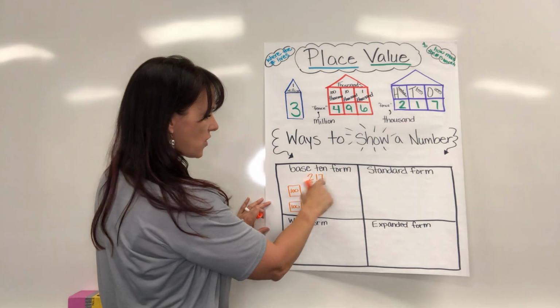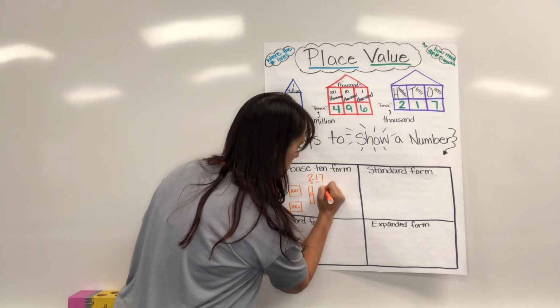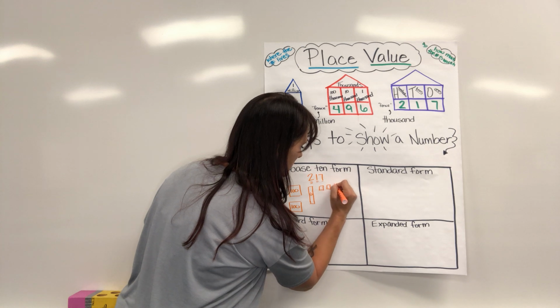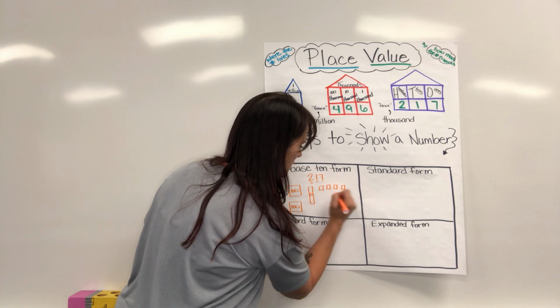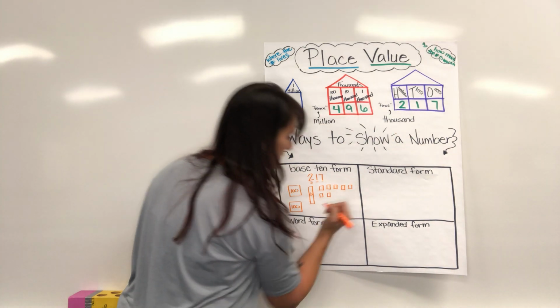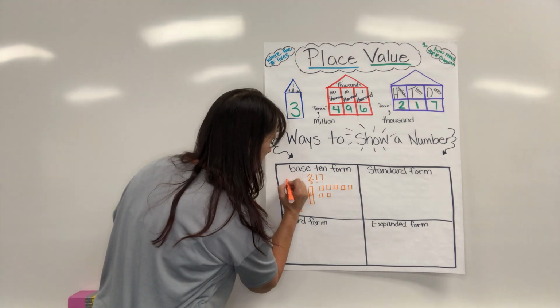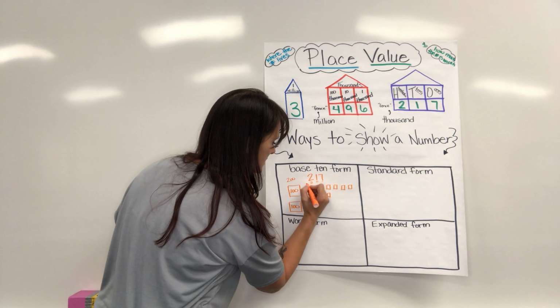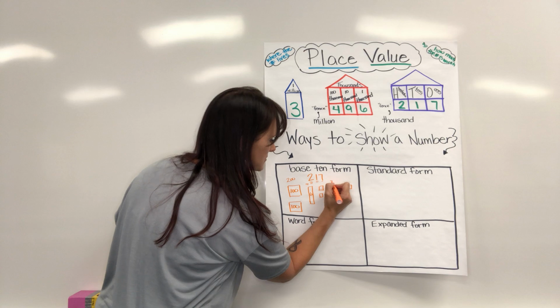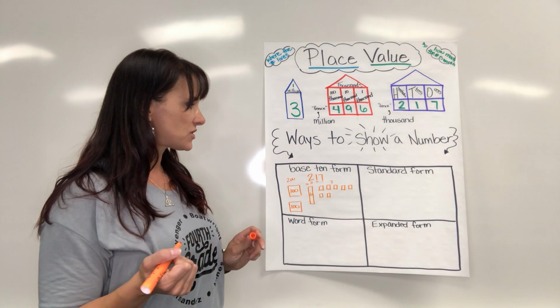And then to show my 7, I am going to show 1, 2, 3, 4, 5, 6, 7 single blocks. So this is my 200, this is my 10, and this is my 7. So you can see if I put it all together, it'll give me 217.